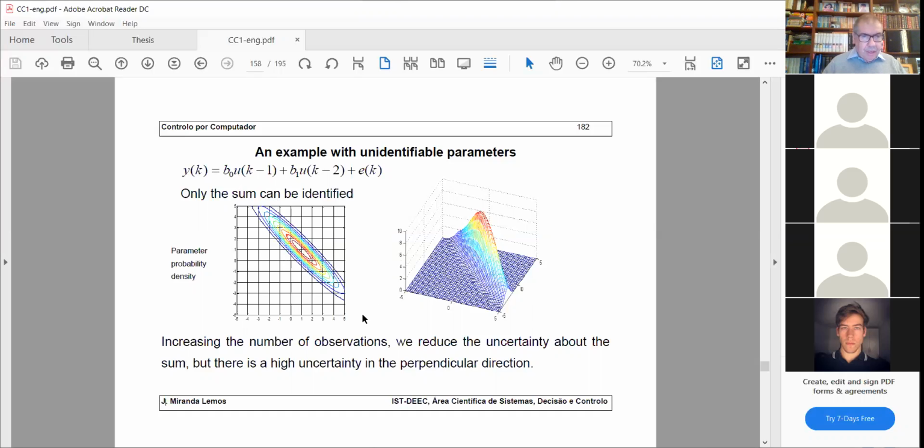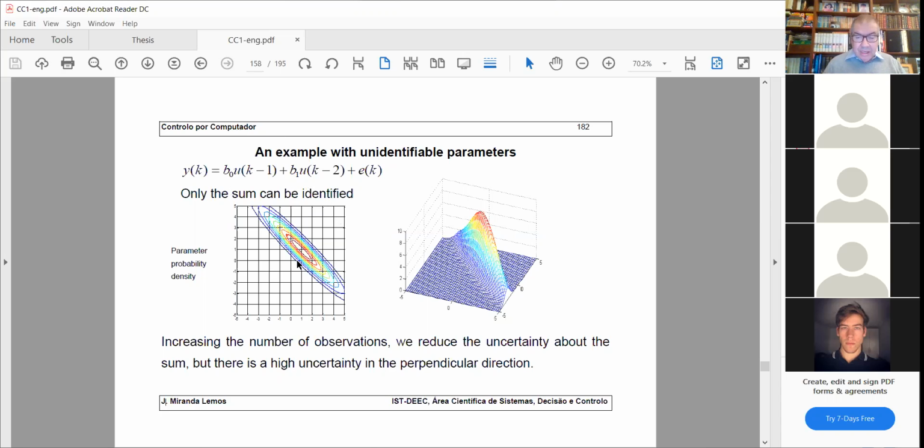So when you have parameters that are not identifiable, usually it's a function of the parameters that is identifiable and some function that is not. In this case, the difference of the parameters is not identifiable. The sum is identifiable: you can estimate b0 plus b1.